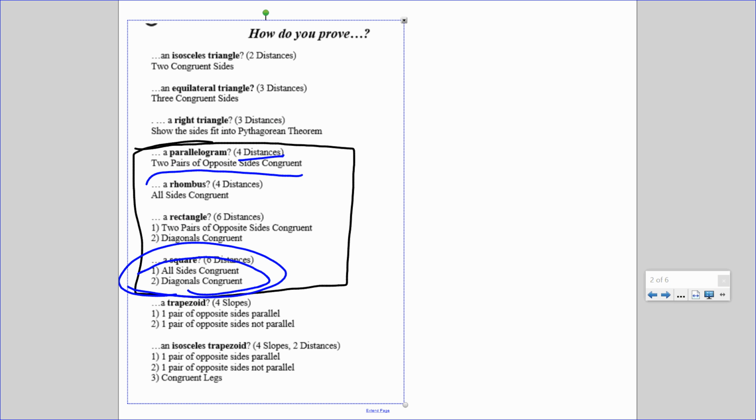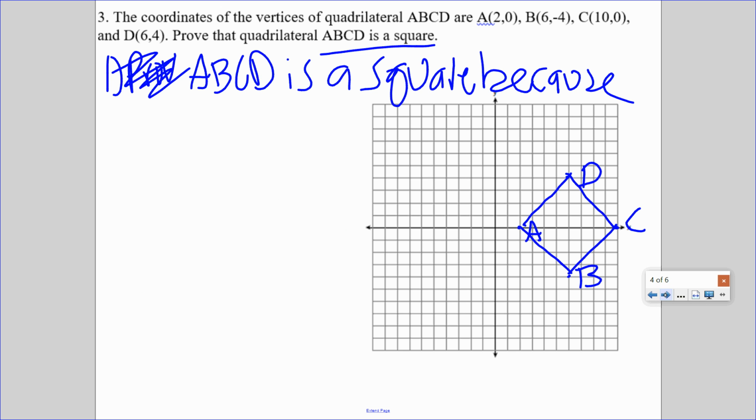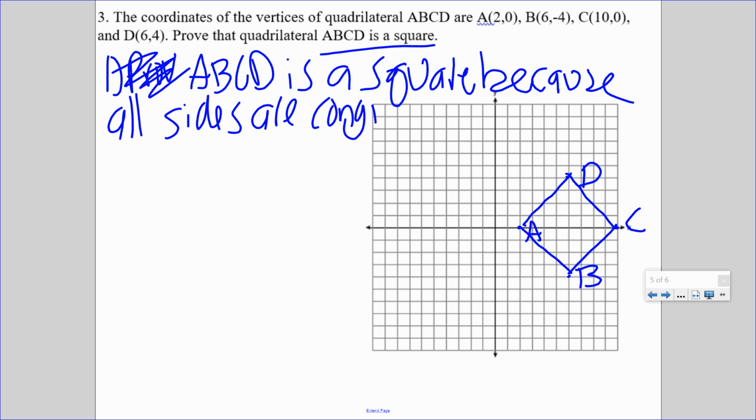All sides are congruent and diagonals are congruent.